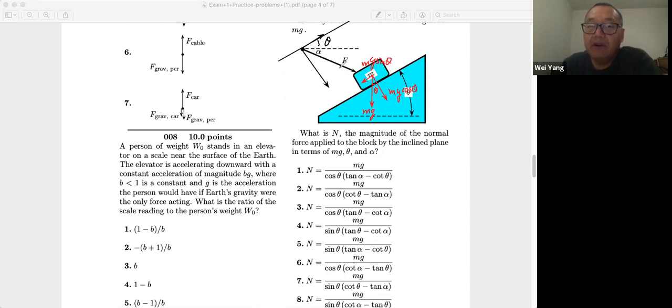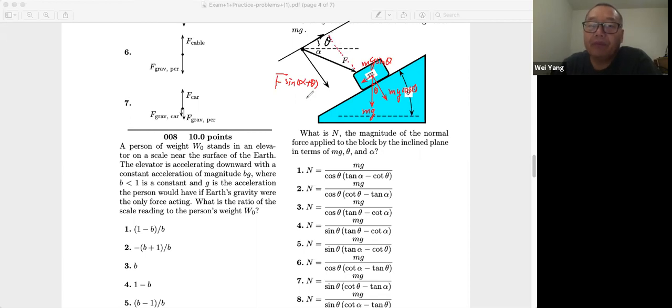Then for this force F, the perpendicular component will equal F times sine alpha plus theta, right?